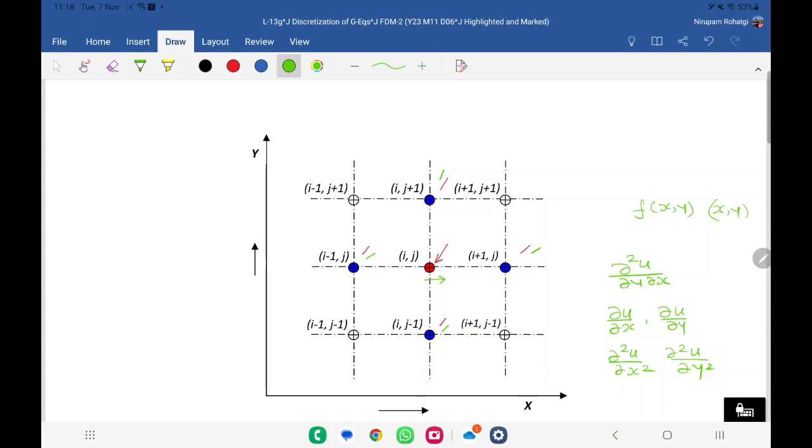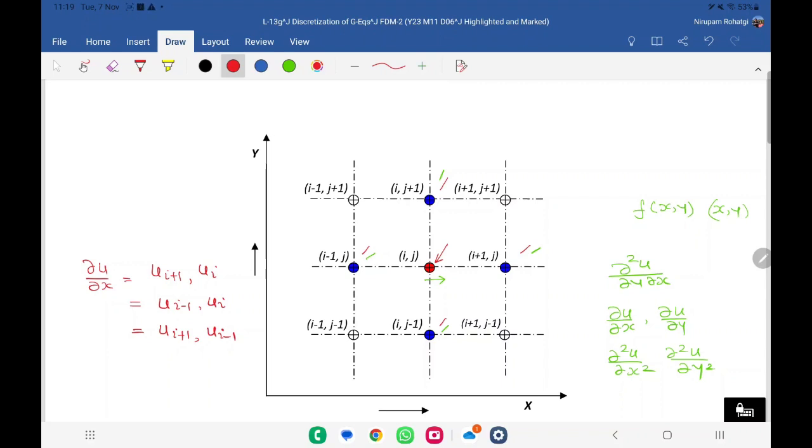Okay, so when you are talking about, let us say, del u by del x, you are talking in terms of u(i+1), u(i), or in terms of u(i-1), u(i), or in terms of u(i+1), u(i-1).